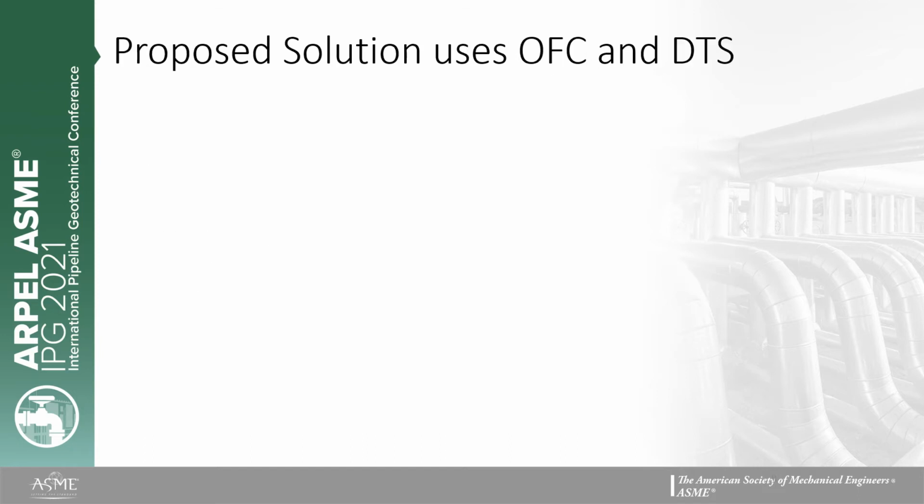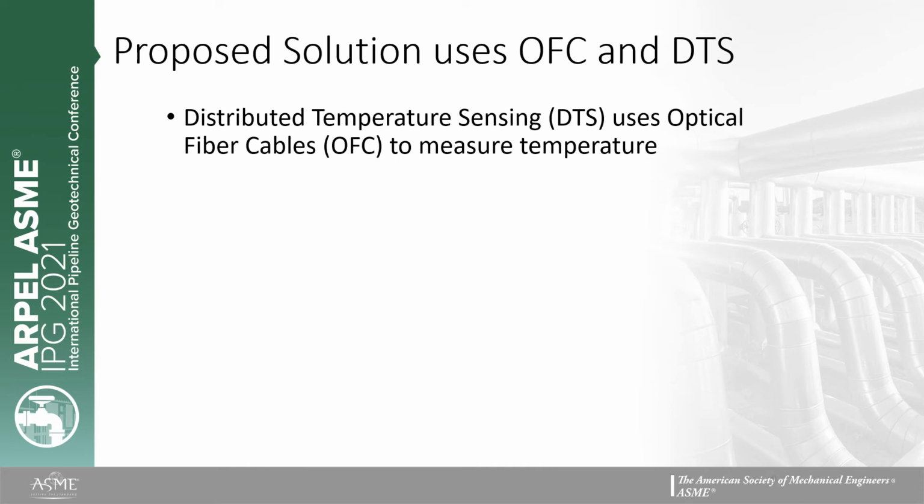And being able to monitor temperature in the ground along very long distances is not something uncommon. Actually, if you have an optical fiber cable laid, for instance, along your pipeline, and you have DTS technology, distributed temperature sensing technology, you can access that information.